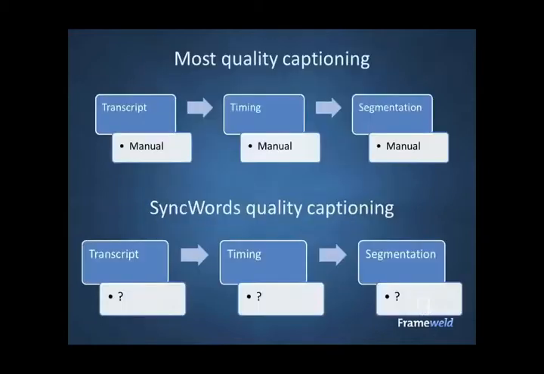So we looked at those 3 elements to see where we could develop technology to automate or partially automate that process while committing to quality. Because creating usable captions was key to what we want to achieve. As we've seen, there's already many ways to generate really bad captions automatically. So where we ended up was Syncwords adopted a manual approach to transcription and automation of timing and segmentation.